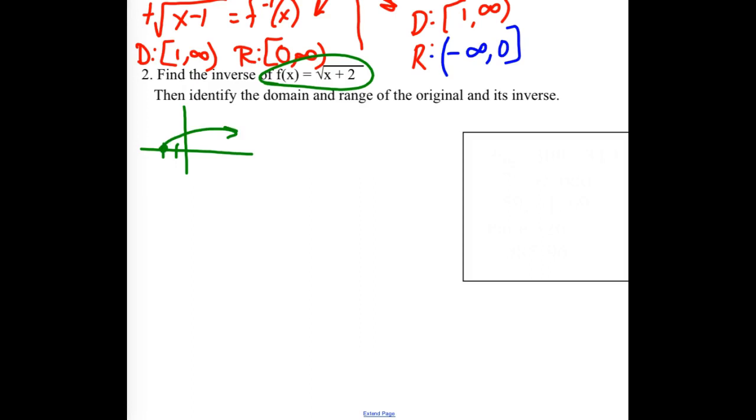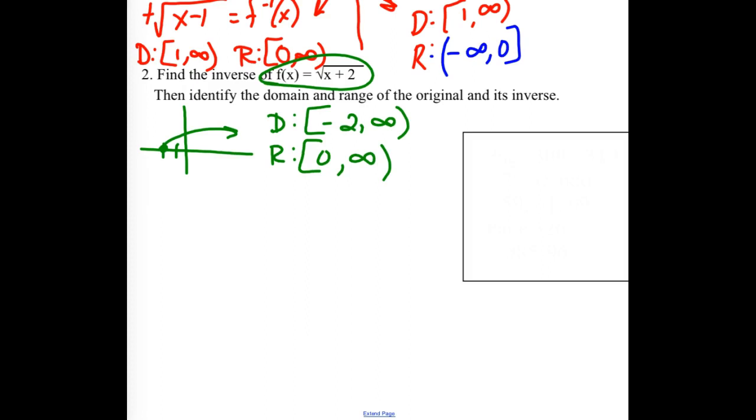What is the domain of that? Negative 2 to infinity, good. And what's the range? Zero to infinity. Okay, we're starting on the x-axis and going up. Yes? So when I find my inverse, I'm just going to flip-flop those domain and range pieces.